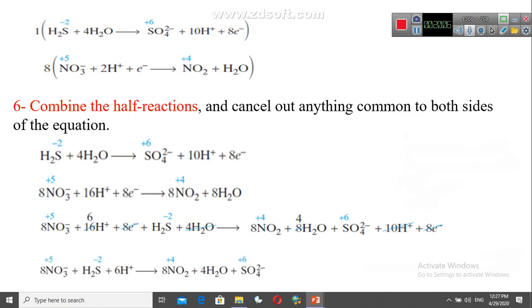Then we get the following equation. After cancelling, we get 8 NO3 plus H2S plus 6 hydrogen ions, and on the product side 8 NO2 plus 4 H2O plus SO4.